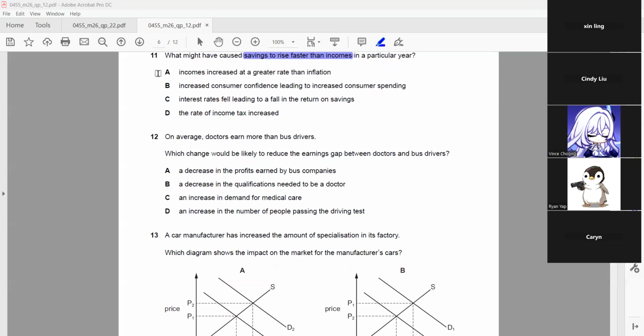A. Okay, income increases at a greater rate than inflation. So your income is increasing faster than inflation. For example, your income increased by 10%, inflation only 5%. So you have the extra that you can use for saving. So therefore, your saving could be increasing. Okay, so the answer is A, when your income increases faster than inflation.